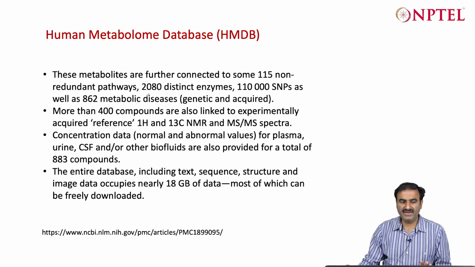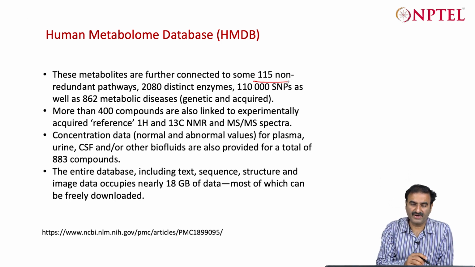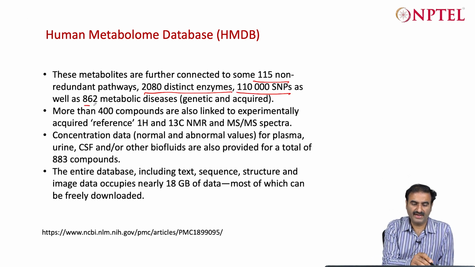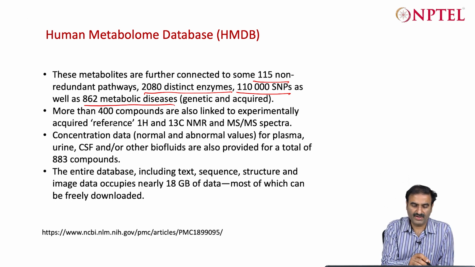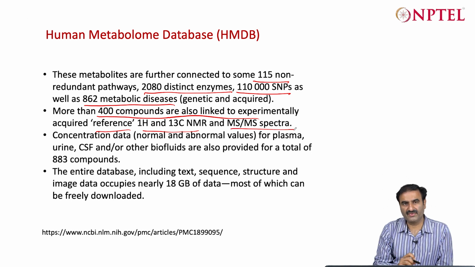So HMDB has emerged as one of the best resources for the human metabolome, which is connected to almost 115 non-redundant pathways, almost 2000 distinct enzymes, more than 1 lakh SNPs, and 862 metabolic diseases, genetic and acquired. More than 400 compounds have been linked to experimentally acquired reference data by various NMR, 1H or 13C, or GC-MS data.